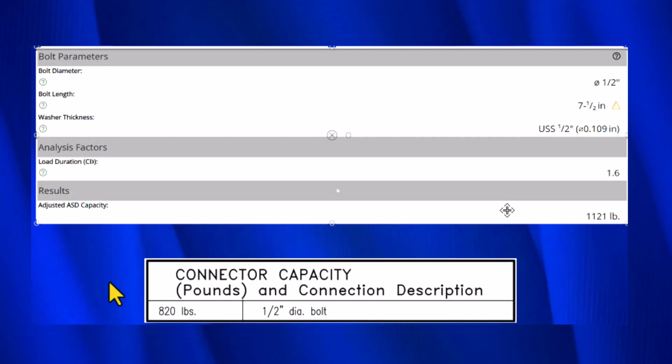So right here, we're looking at the capacity of the 1/2 inch bolt. Here the connector capacity table tells us it can resist 820 pounds. Now if we come over here, the American Wood Council connection calculator tells us it can resist 1,121 pounds. So that's a pretty big difference between the two.